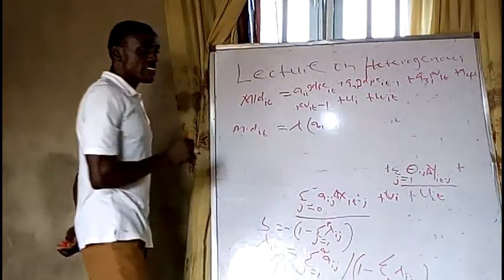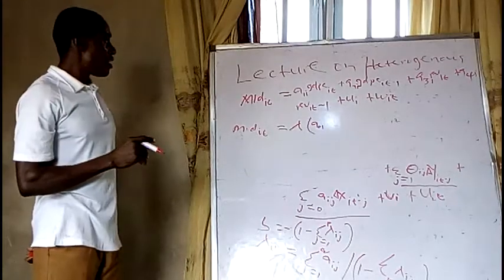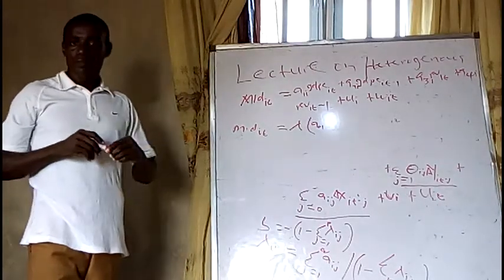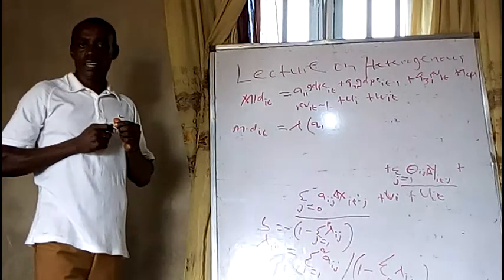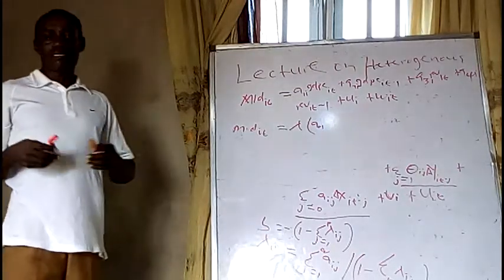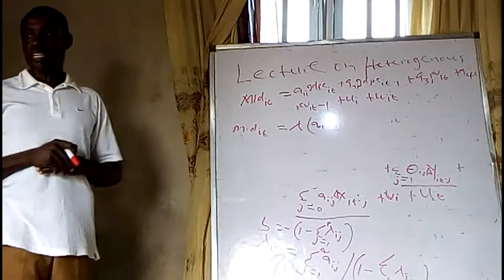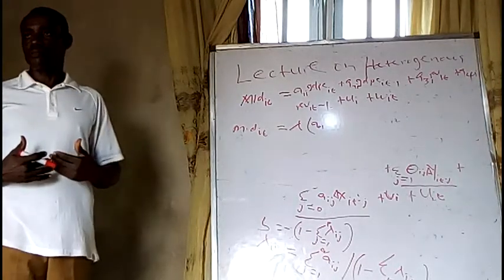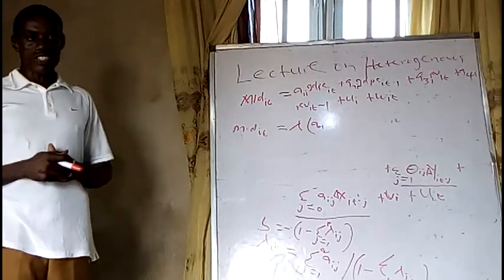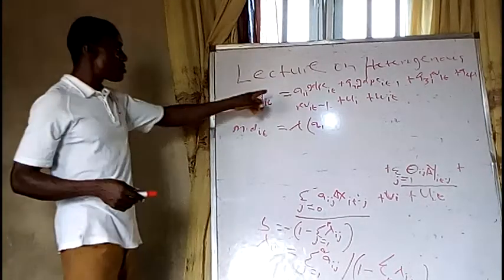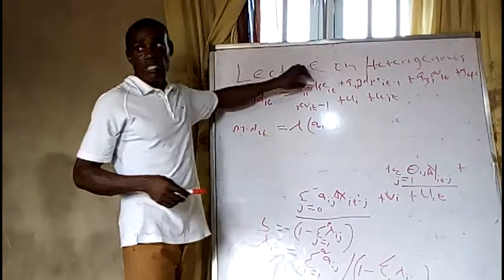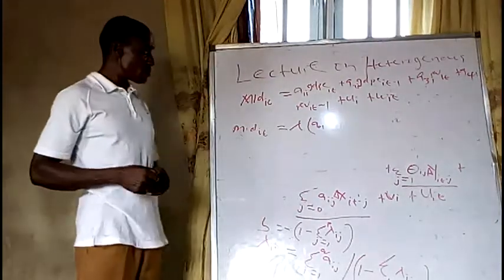That subscript indicates that they are heterogeneous parameters. They are non-linear. All heterogeneous panels are non-linear in parameter, meaning that the parameters are not constant across entity. So once you see subscripts attached to a parameter, it's an indication that the parameter varies across entity.